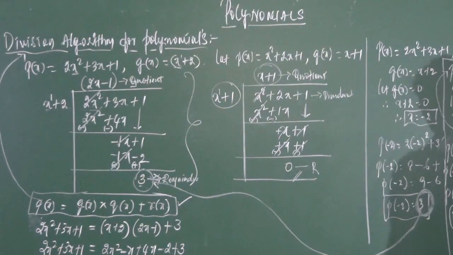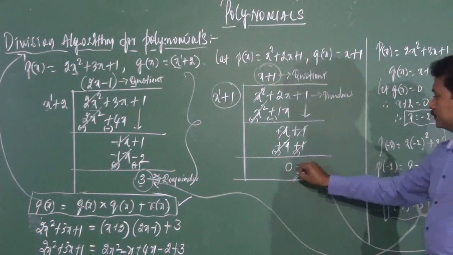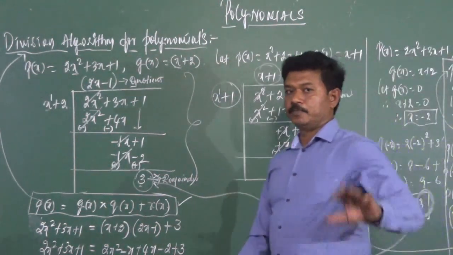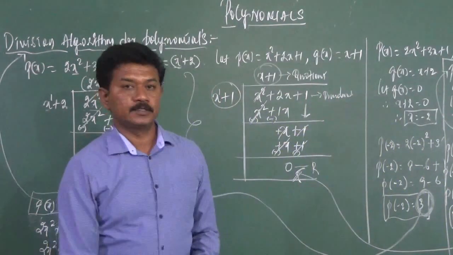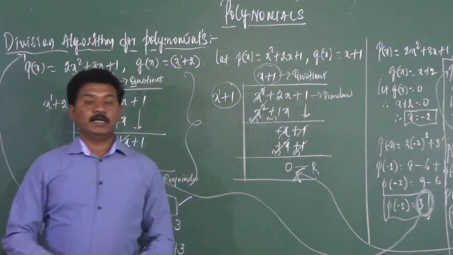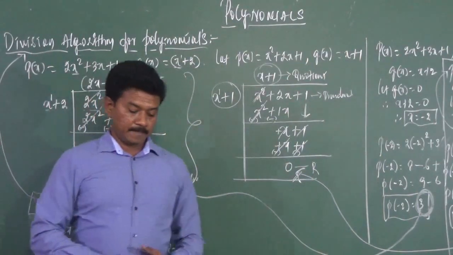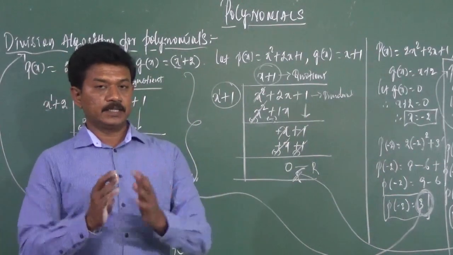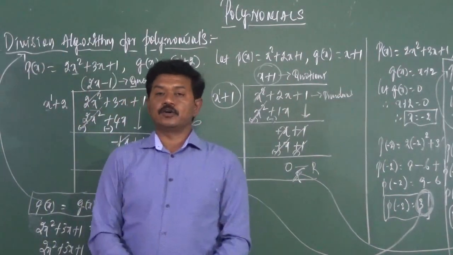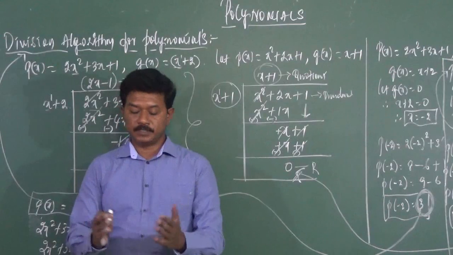So this 0 is the remainder when this polynomial g of x divides this polynomial p of x. This 0 is nothing but this 0. I hope you understood the concept. So, when we divide a polynomial by another polynomial, we get the remainder, usually by the long division method.